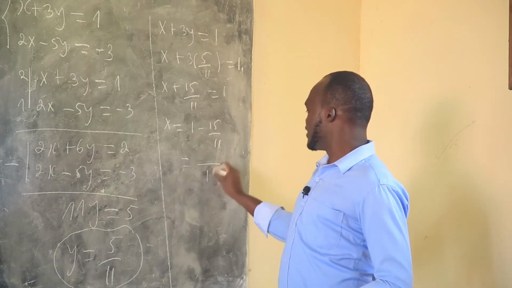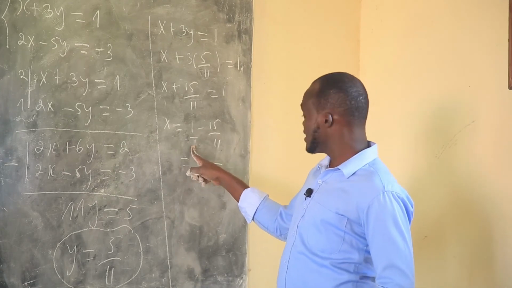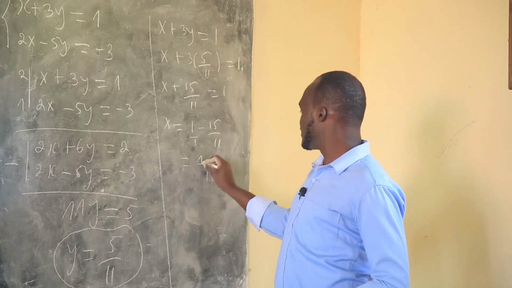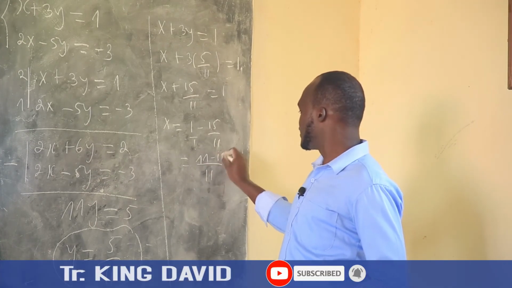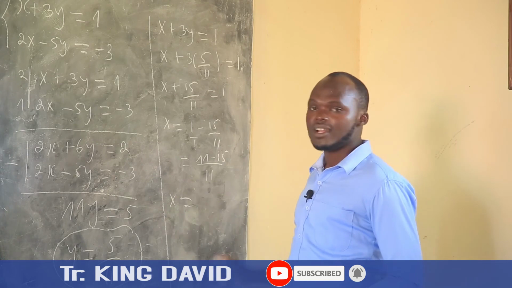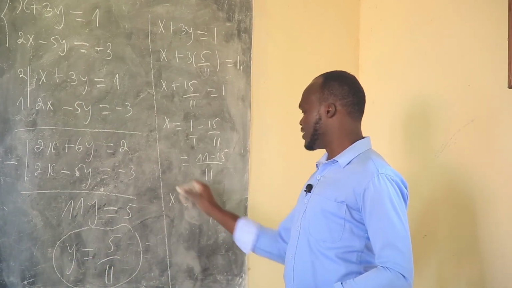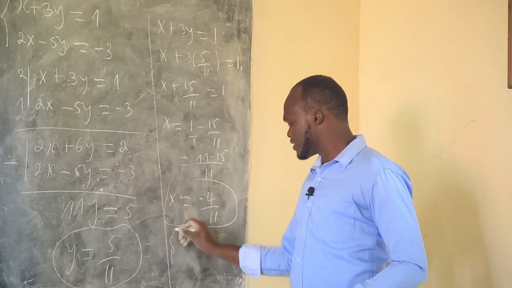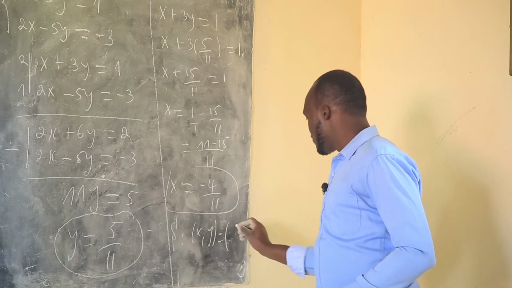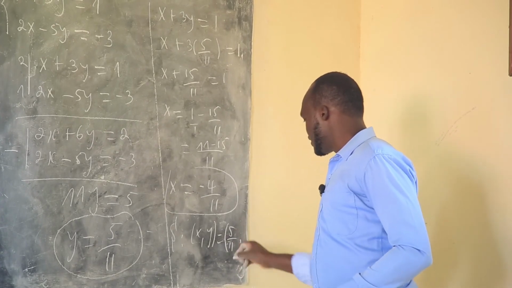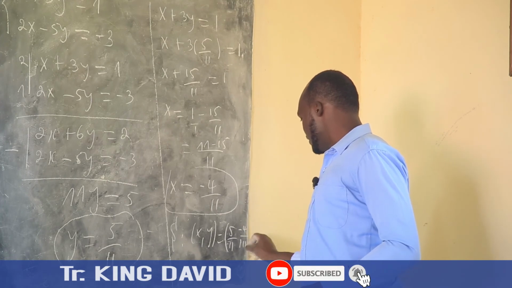Our LCM is 11. 11 divided by 1 is 11, 11 times 1 is 11, 11 divided by 11 is 1, 1 times 15 is 15. So now our x is 11 minus 15, which is negative 4, so negative 4 over 11. So now our set xy is negative 4 over 11 and 5 over 11.